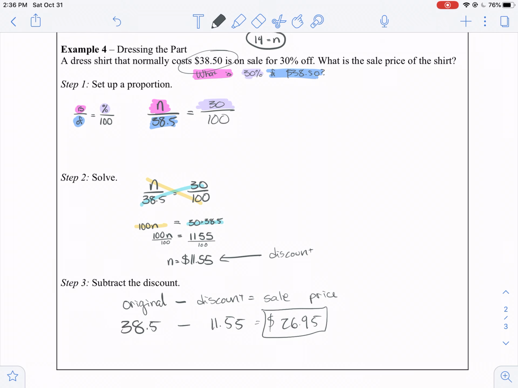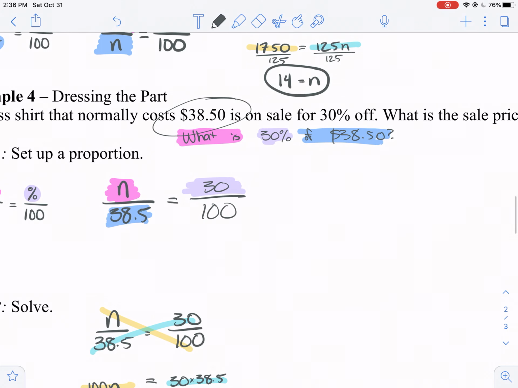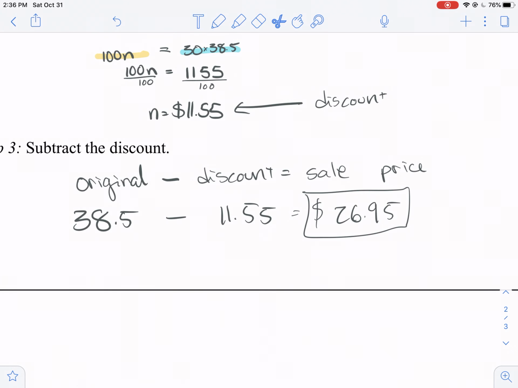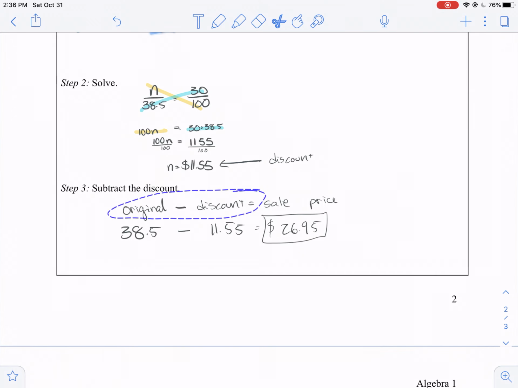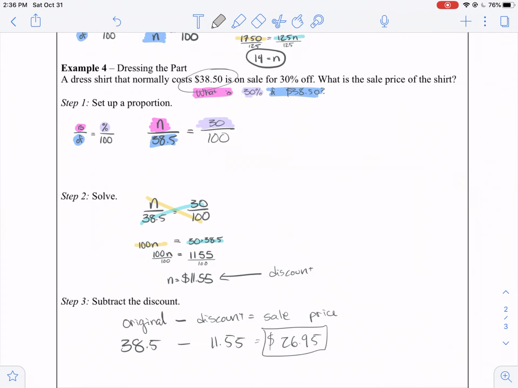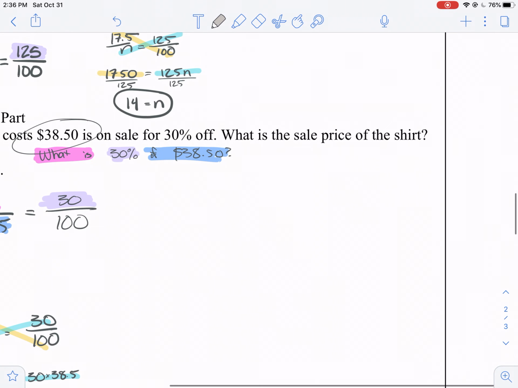This is not the only way to set up your proportion. If this part was super confusing, you could do this step right at the beginning, the original minus the discount. So if you did that right at the beginning, you would see that we have 100% minus 30%, so the sale price is 70% of the original cost of the shirt.